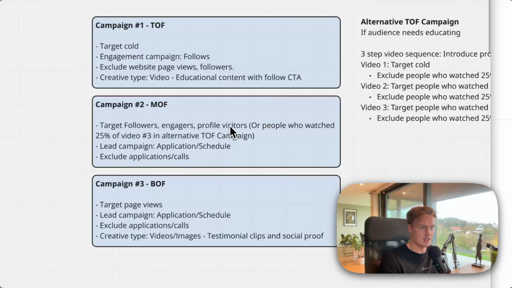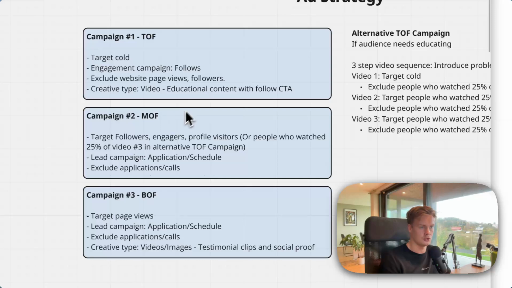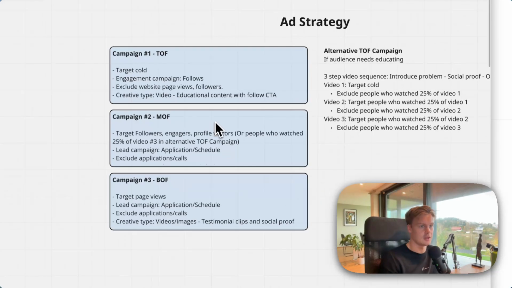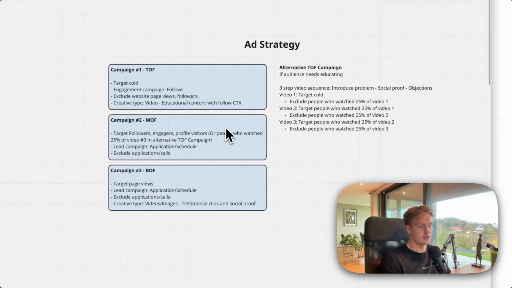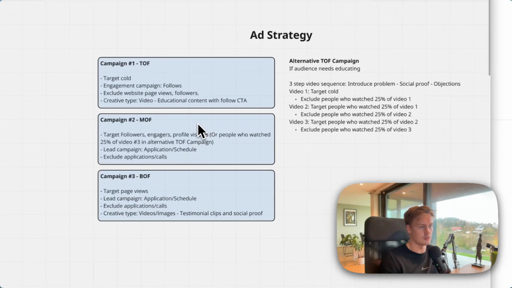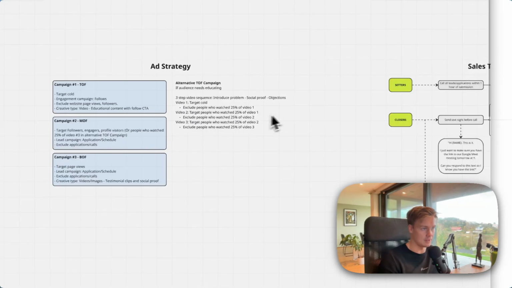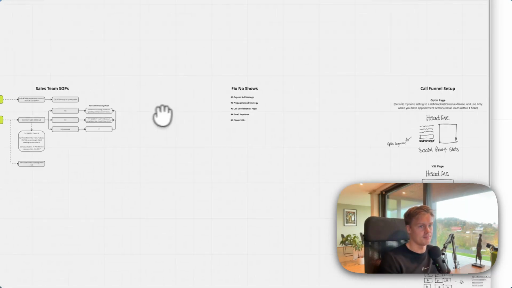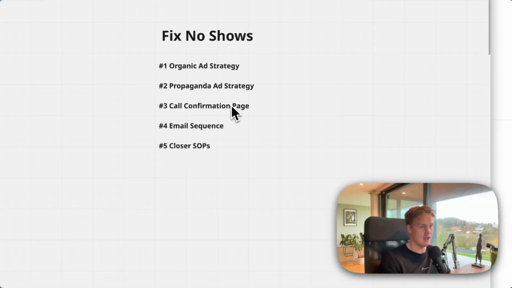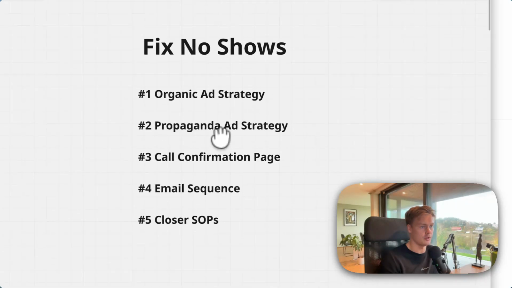Now, as I just said, this is most applicable to people who run smaller webinars and VSL funnels. But if you're spending tens of thousands of dollars, you're going to run through these warm audiences incredibly quick, and you need to run to cold audiences.